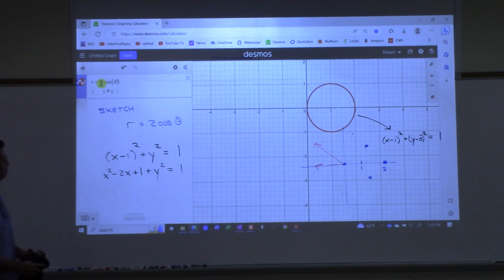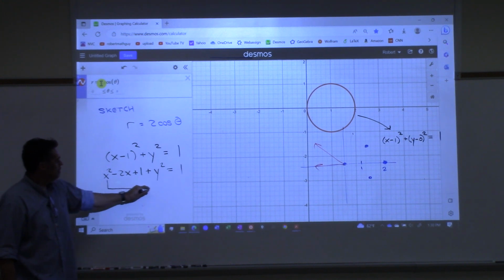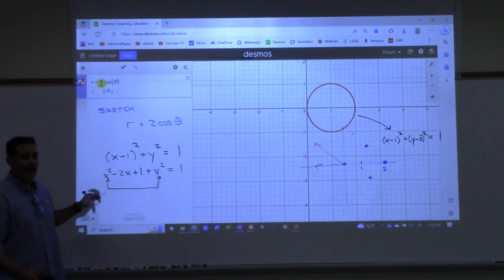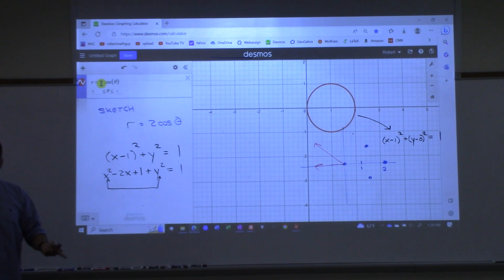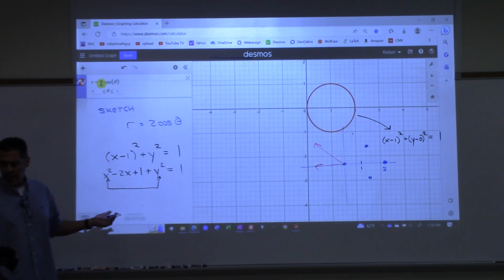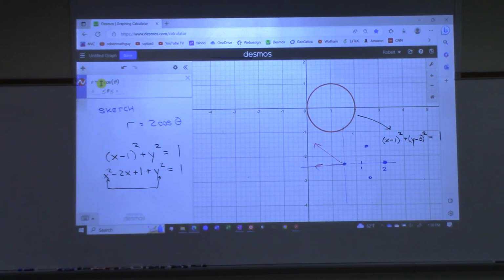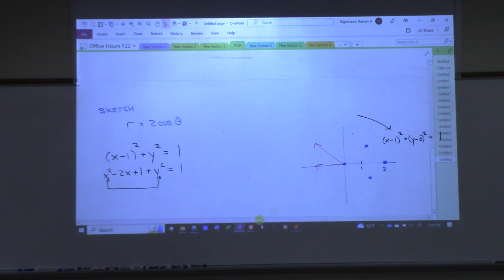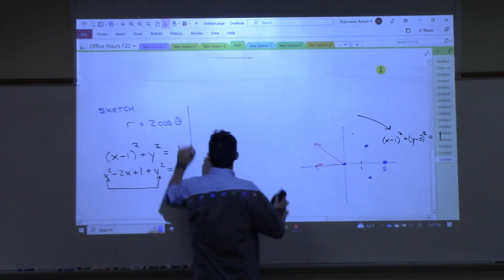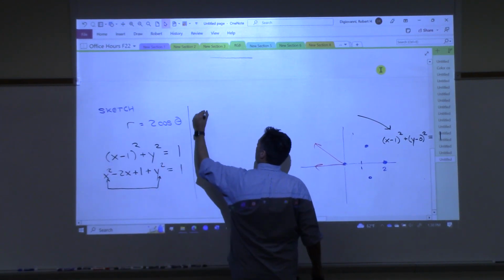Now, anyone see anything? Group that x squared, y squared, and make it into r squared. Yeah, these two added together, right? X squared plus y squared is r squared. So I can replace that with r squared. Agreed? I could if I wanted to. So this turns into r squared.